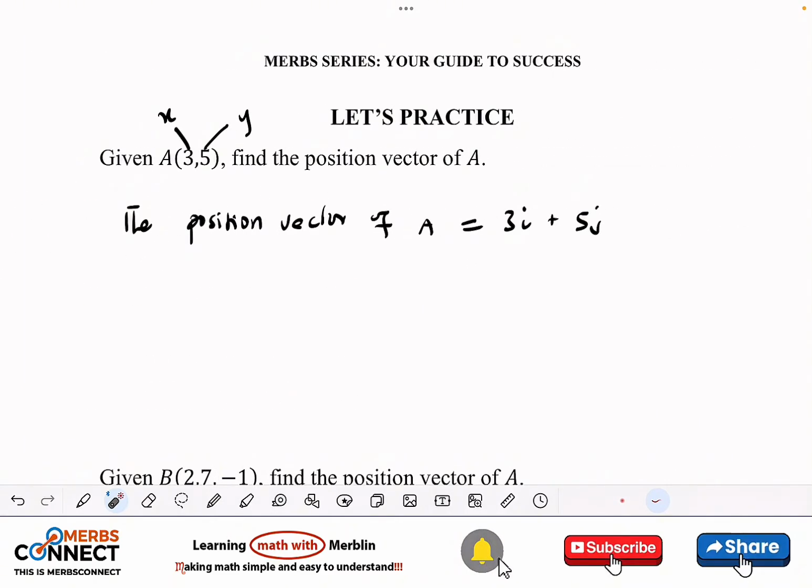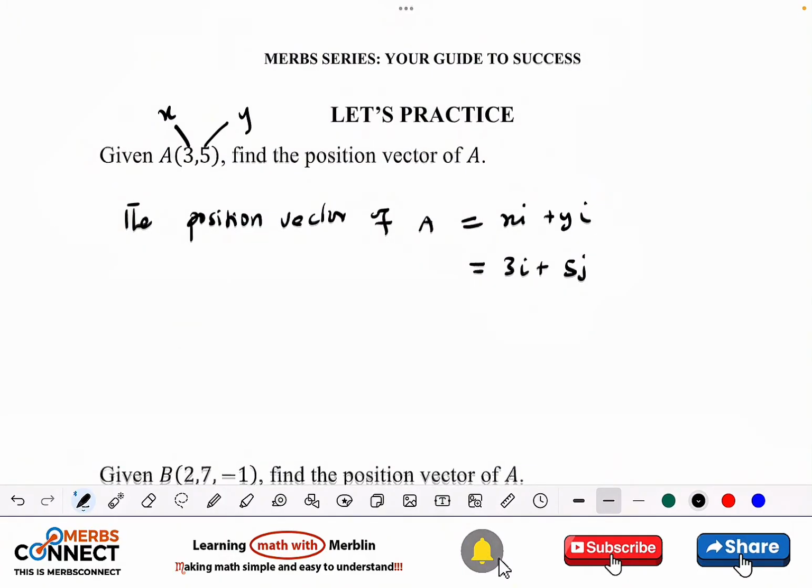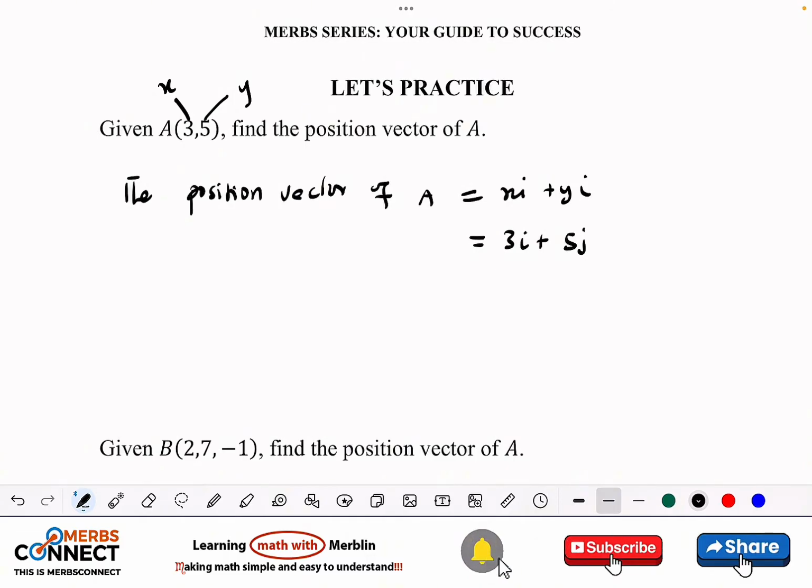So if I want to find the position of this one, I'm just going to add them: xi plus yj. Let me write the general form for two dimensions: xi plus yj, and this gives us x is 3 and y is 5. Good, that is the position vector we get. So that is two dimensions.